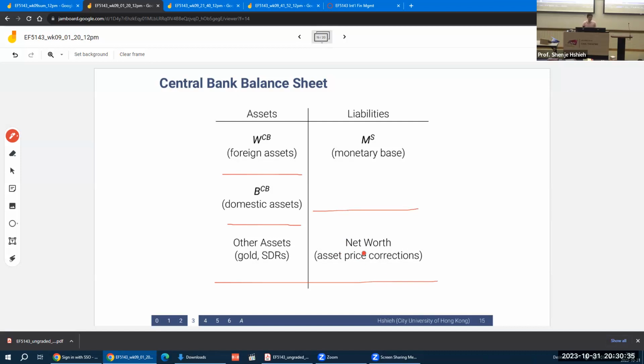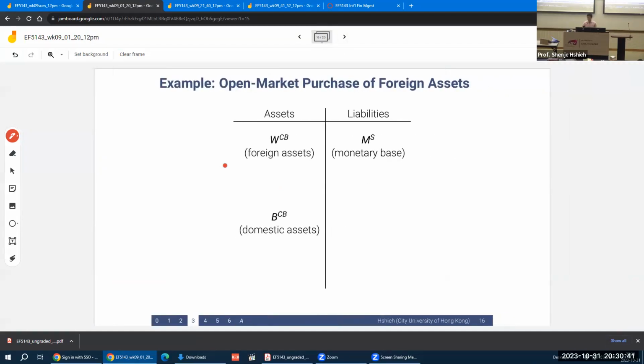That's simple enough, but to make things even simpler, I'm just going to drop these. So let's consider an even simpler one. Assets equal liabilities, and then we have foreign and domestic assets, and everything is financed through money, cash.